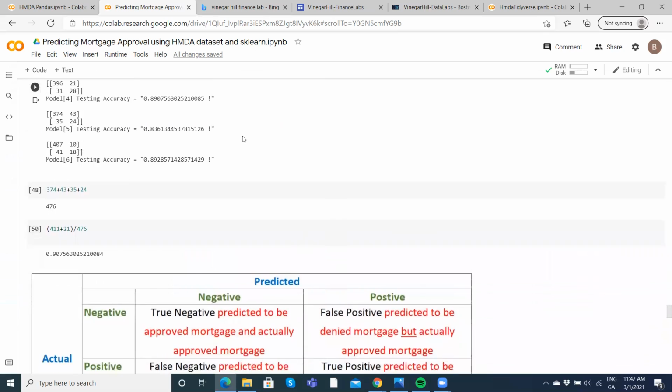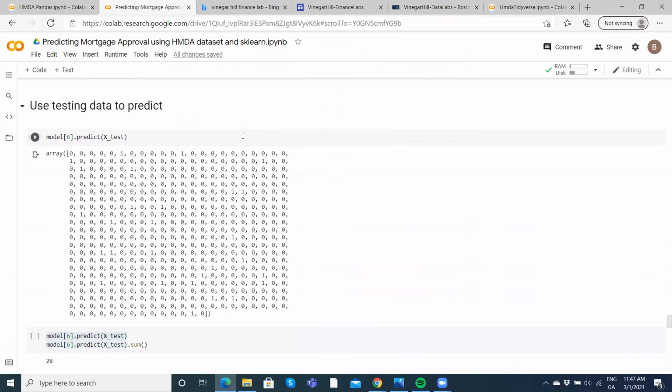So that's an algorithm then that we've created. Each of the models denotes an algorithm, and we can pull out our predictions in terms of whether the algorithm would determine if the individual should get a mortgage or not.